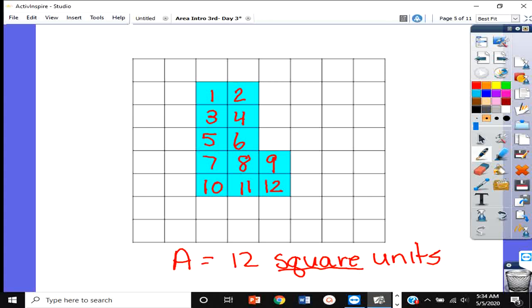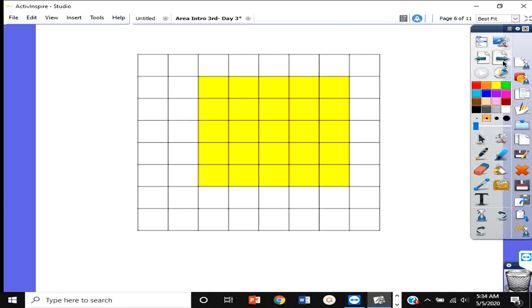Let's take a look at another example. I see a yellow shape, or a yellow polygon. Let's explore that shape to find the area.